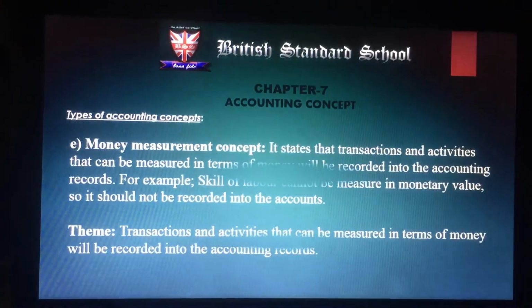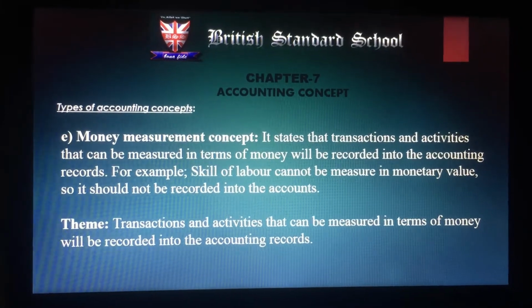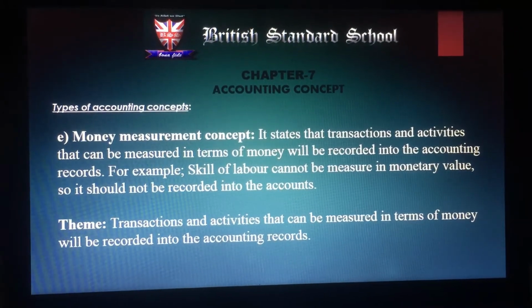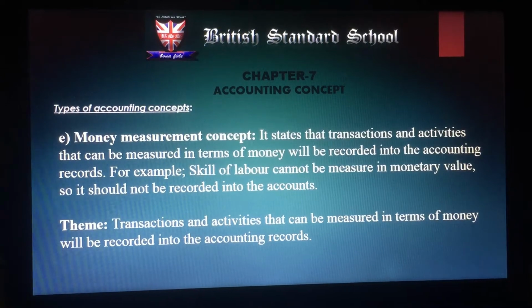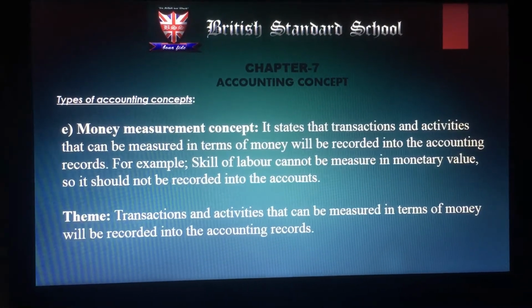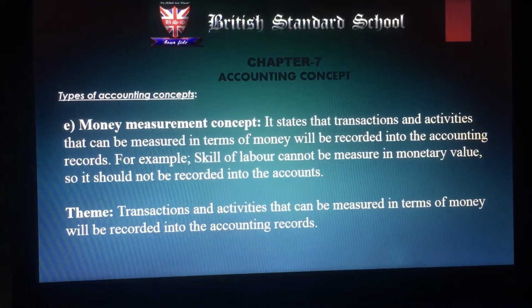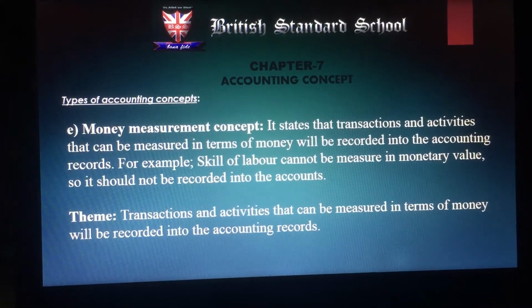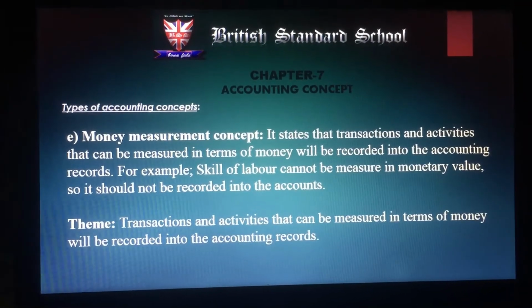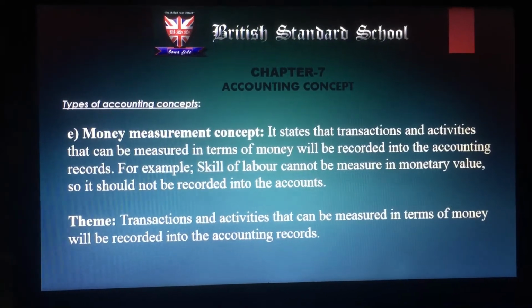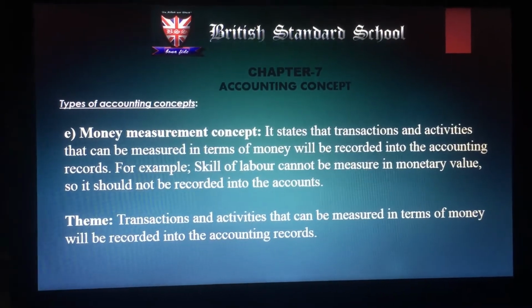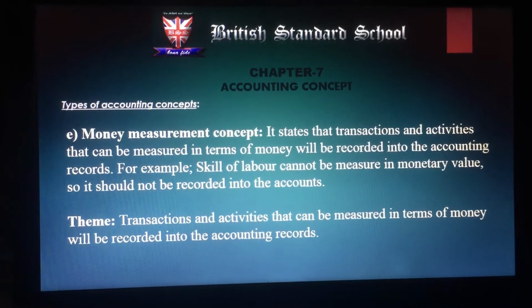Number 5, money measurement concept. It states that transactions and activities that can be measured in terms of money will be recorded into the accounting records. For example, can we calculate the skill of a labor in terms of money? It's not possible. There are certain things which cannot be measured with money.